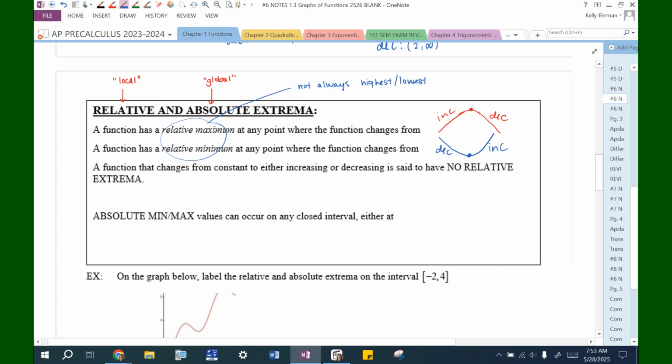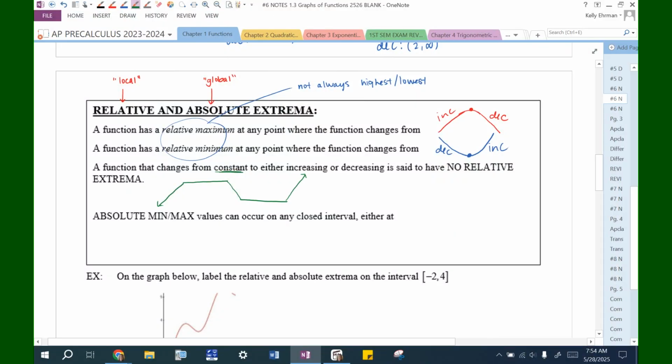If a function is changing from constant to either increasing or decreasing, that's nothing. That's not a relative max or min, because you've got to be changing from increasing to decreasing or vice versa. So think about this picture here. So let's say I go from increasing to constant, and then, I don't know, constant to decreasing, something like this.